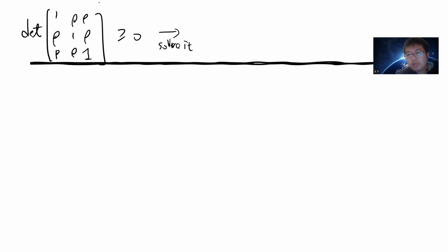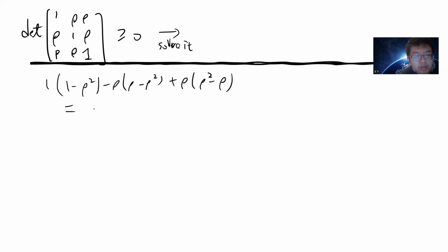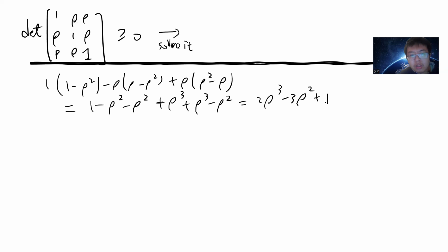Let me quickly solve this. The determinant of this is 1 minus rho squared, minus rho minus rho squared, plus rho squared, minus rho. So it's 1 minus rho squared plus rho, plus rho cubed, minus rho squared. So it's 2 rho cubed minus 3 rho squared plus 1. And I know that at rho equals 1, this is 0, so this is the condition I need to solve.